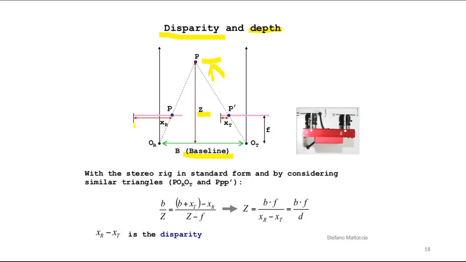For instance, your point P, the same object, projects here on the right-hand camera at a distance called xr, and xl on the left-hand camera. Their difference you see here, xr subtract xl, is the disparity.